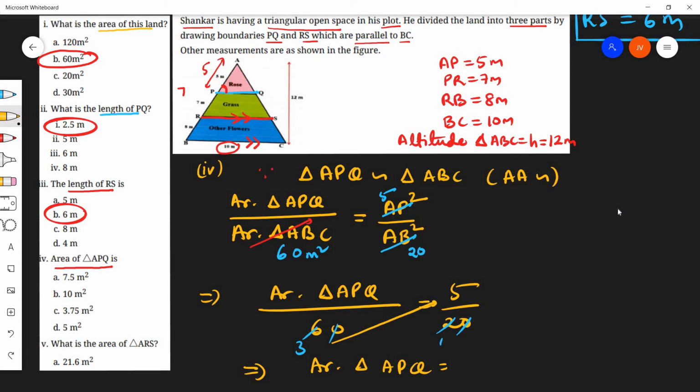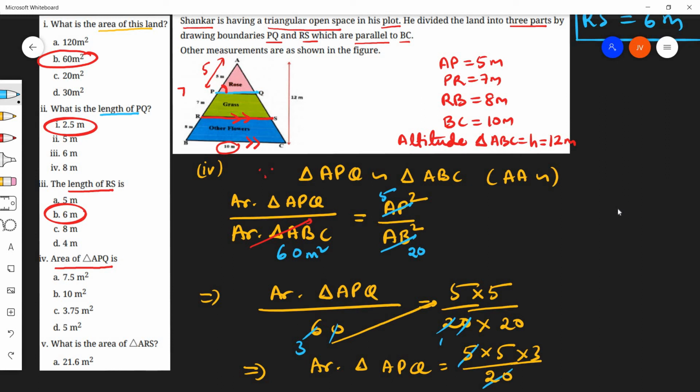The right side is square. AP is 5. So here AP into AP, and in the denominator we have 20 times 20. Now we can have further cancellation, but let me write the complete remaining numbers. 5 into 5 into 3 that went in cross multiplication, and the denominator is 20. Now we see what else cancellation occurs.